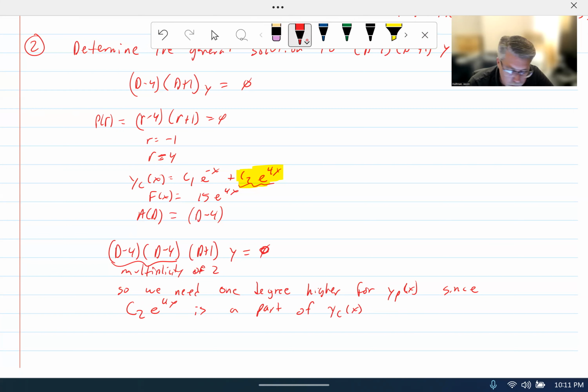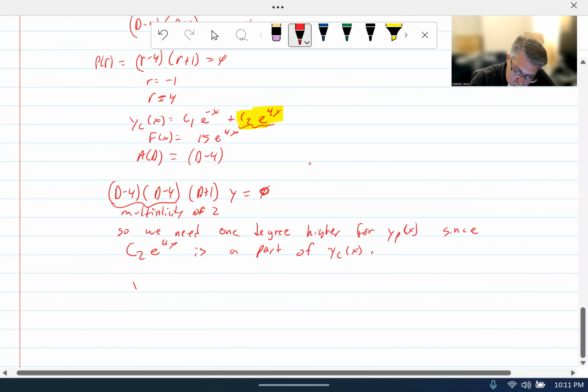It's already part of y_c of x. So we're going to choose our y_p of x to be equal to A_0 x e^(4x).